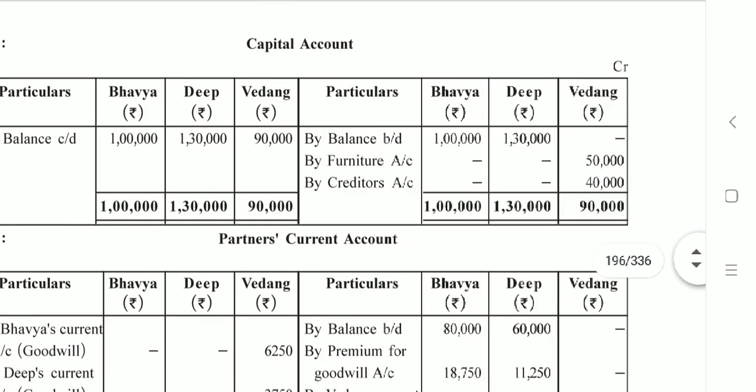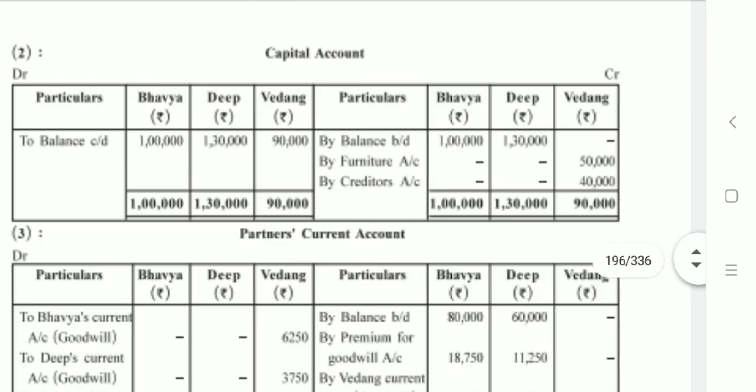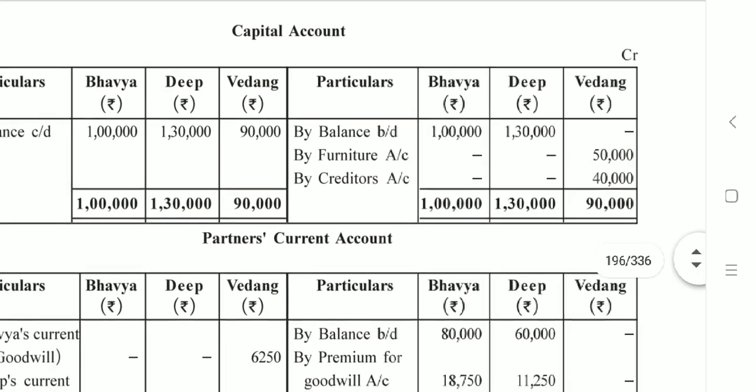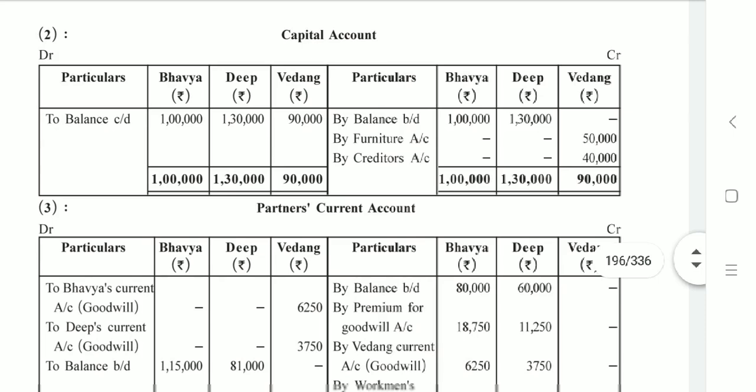You can directly write down the closing balance in balance sheet. Why? Because if you are not having any adjustments, then the opening balance and closing balance, definitely they are going to remain same. So in such a case, if you don't prepare capital accounts, then it is okay. But we had adjustments here and it is necessary to show those effects. That is the reason we have prepared capital account here.